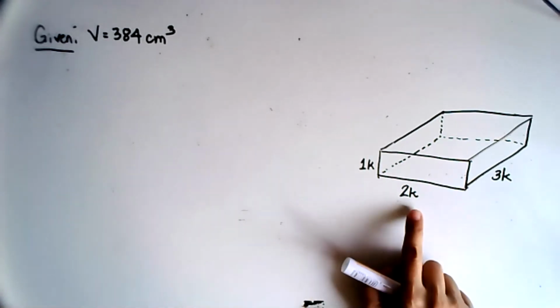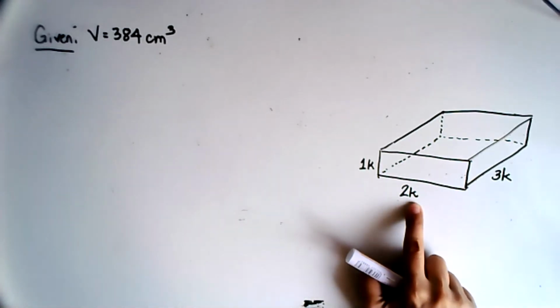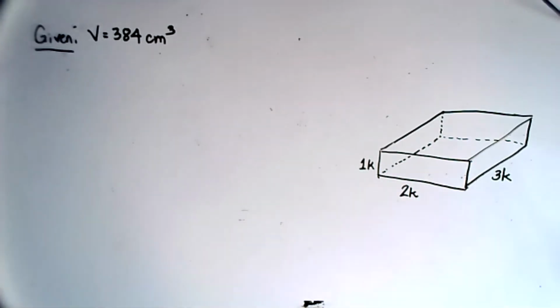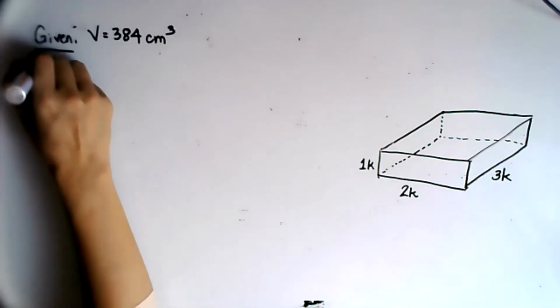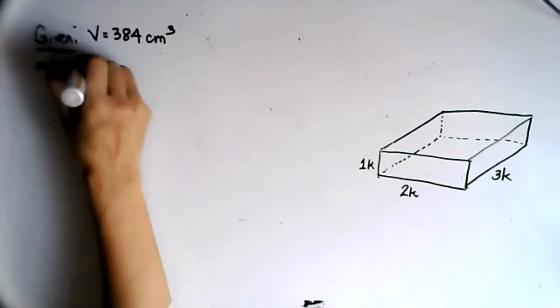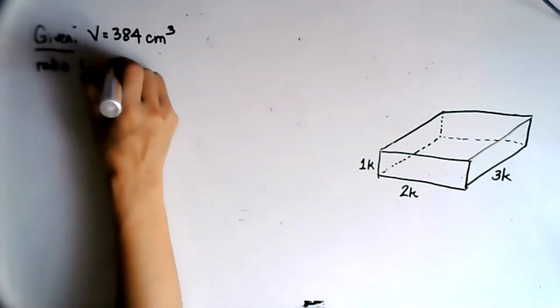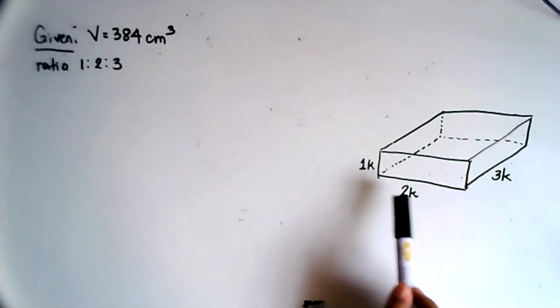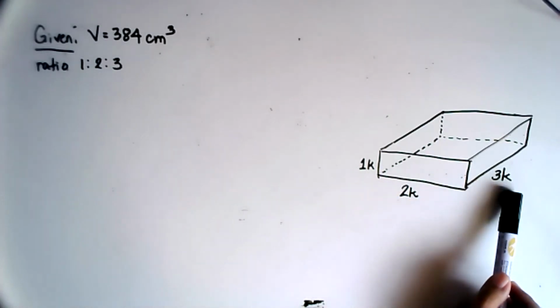So let us assume that we have a unit here of dimension. So the ratio is 1:2:3. Ratio of the dimension 1:2:3. So we have a positive integer to represent a certain value. We are using the value of k.